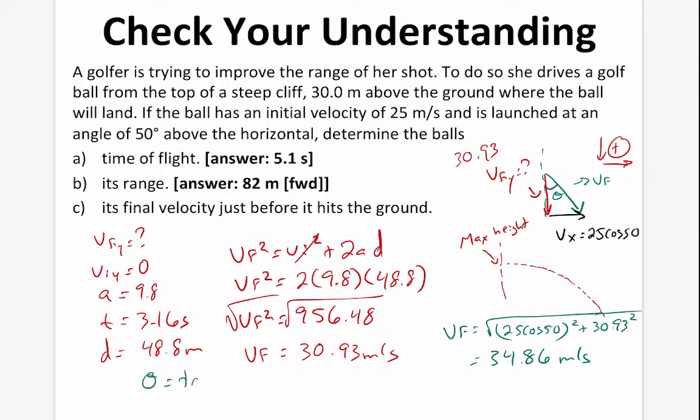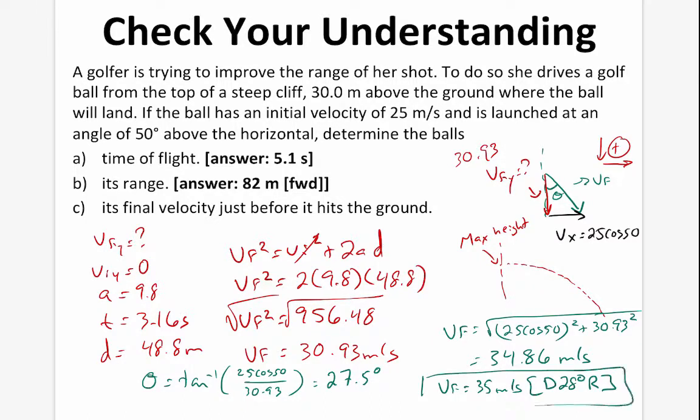Theta is going to equal tan minus 1 of the opposite, which is 25 cos 50, divided by the adjacent side, which was 30.93, and that gives us a theta value of 27.5 degrees. Now we said we wanted 2 sig digs, so our final velocity is going to equal 35 meters per second. In our diagram, we went down 28 degrees, right. And that's our final answer.